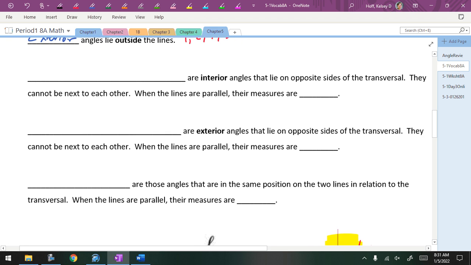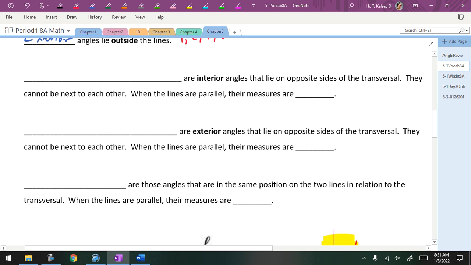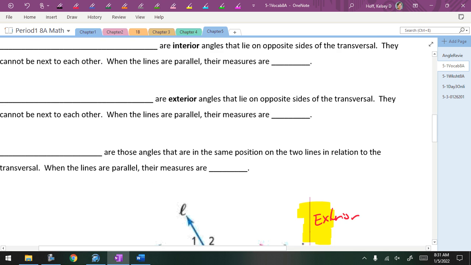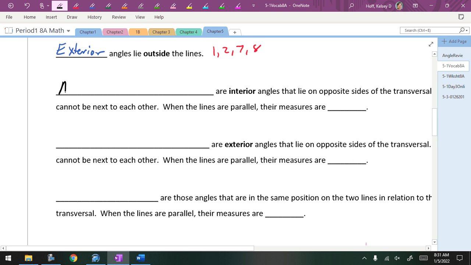Long 3 words here. Ready? The first blank: alternate interior angles.